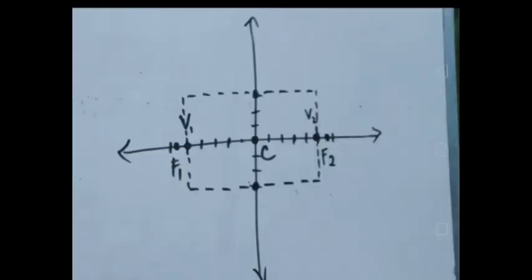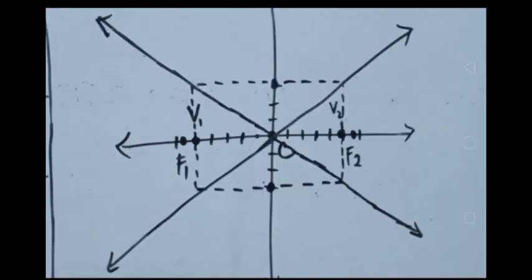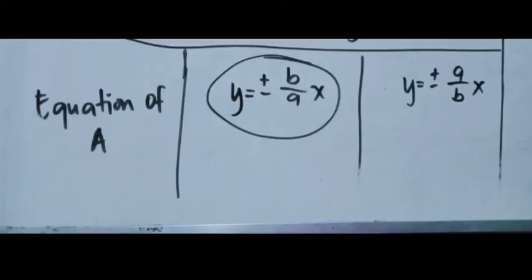After that, we can already draw a rectangle in our Cartesian plane. The rectangle should be along vertices 1 and 2 and the endpoints of our conjugate axis. We can also now draw the 2 slanting lines passing through our center to the corners of our rectangle. So we can now write the equation of the asymptotes, the 2 slanting lines.